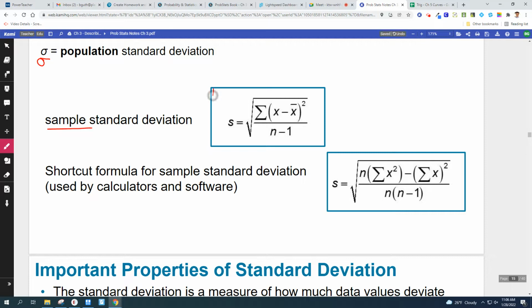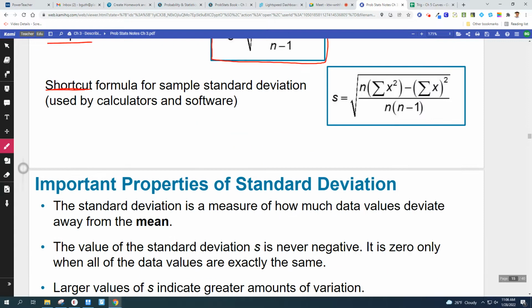Look at all this stuff going on here: a big square root, a sigma, meaning sum, a mean right here. A lot going on. And the second formula is kind of ironic. I think it calls it a shortcut because it looks more complicated, but it is actually a little bit quicker if you're doing it by hand to use the bigger equation for standard deviation.